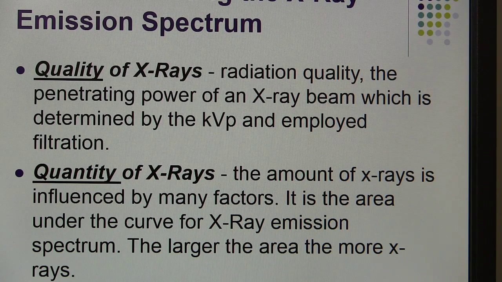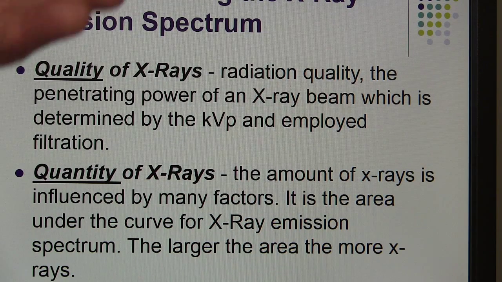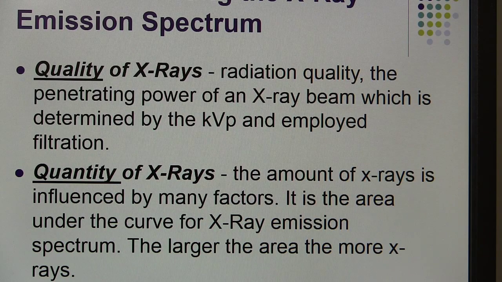Quantity, as you probably already guessed, has to do with a numeric value of some kind. The amount of X-rays influenced by many factors. It is the area under a curve of X-ray emission spectrum, which we'll see later. But basically what it means is how much X-ray energy we're actually producing. And there's a number of ways we can affect that. First of all, as we said earlier, the more electrons we boil off of our filament, the more incident electrons, I should say, are interacting with the target, which creates more radiation.